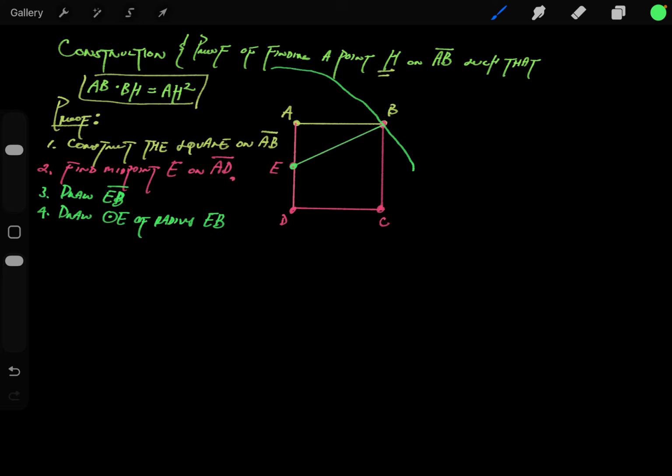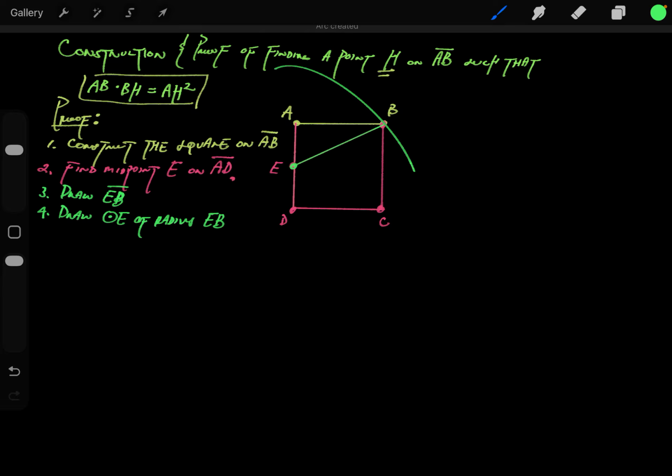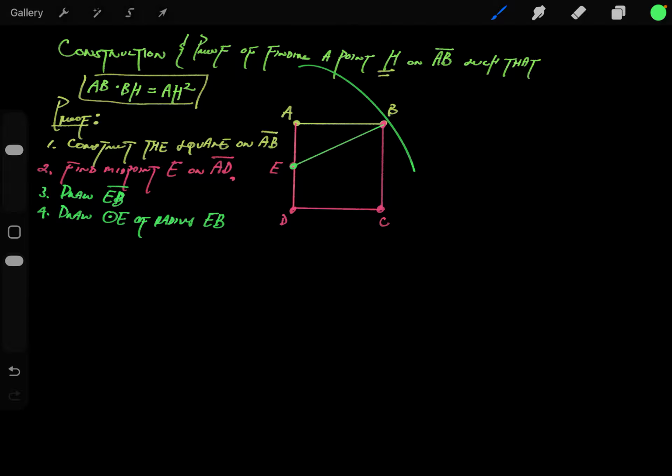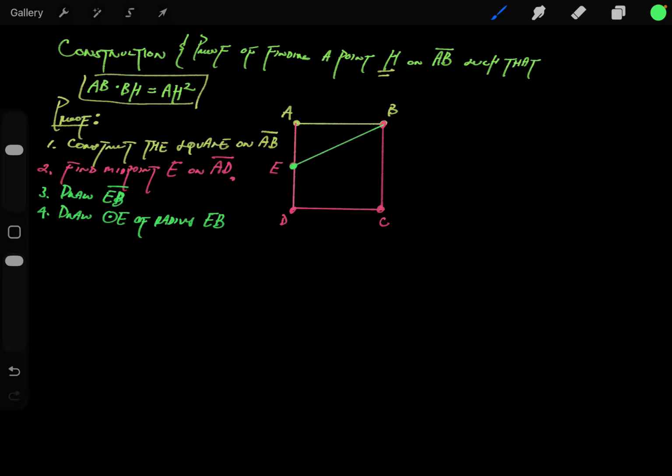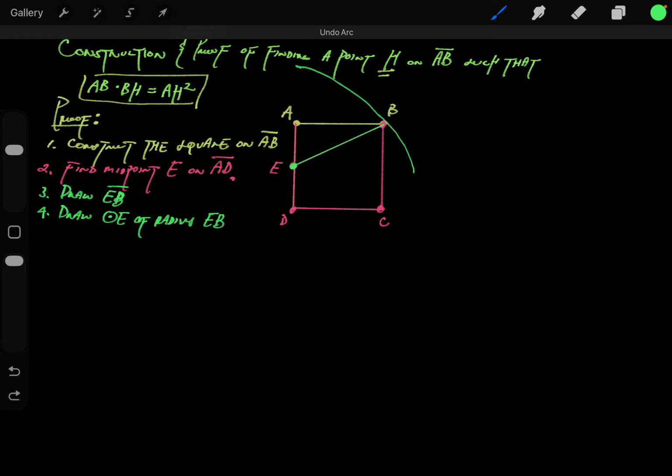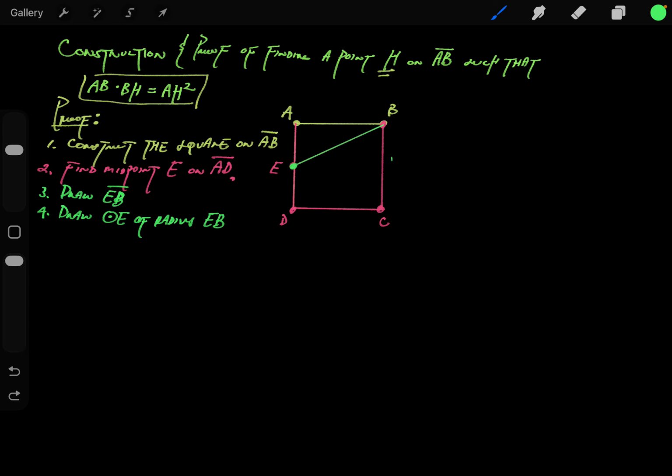It's got to be of radius EB here, and that's not the best looking, so let's try again. With the center E and the radius EB, you've got to draw this arc, and again, that's not the best.